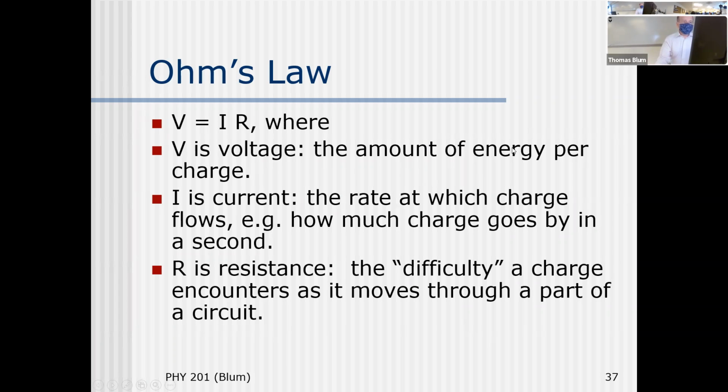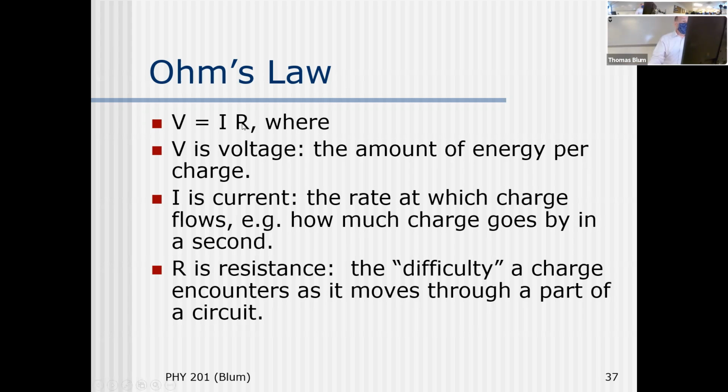The voltage is the amount of energy per charge. The current is the rate at which the charges move. You think about it like sitting at a point and watching charges go by per second. And resistance is some measure of the difficulty. I have a certain amount of energy, which I'll often refer to as a push. The battery gives you a push.